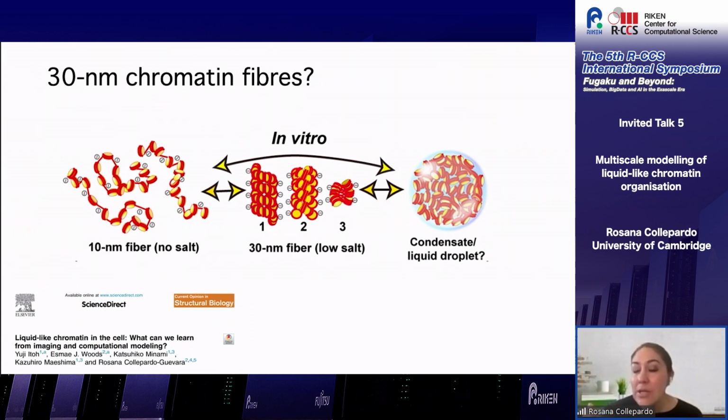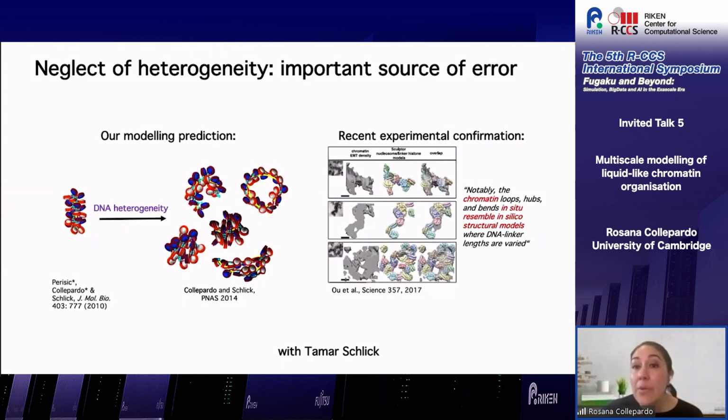This is not entirely surprising because in vitro experiments needed to be done with perfectly uniform chromatin, so all the nucleosomes being the same, all the DNA connecting nucleosomes also being the same. And actually, our previous model has demonstrated that if we treat chromatin as a homogeneous polymer, as a homopolymer, in which all the DNA is exactly the same, all the nucleosomes are the same, chromatin adopts this in vitro-like regular fiber structure that I'm showing you here on the left.